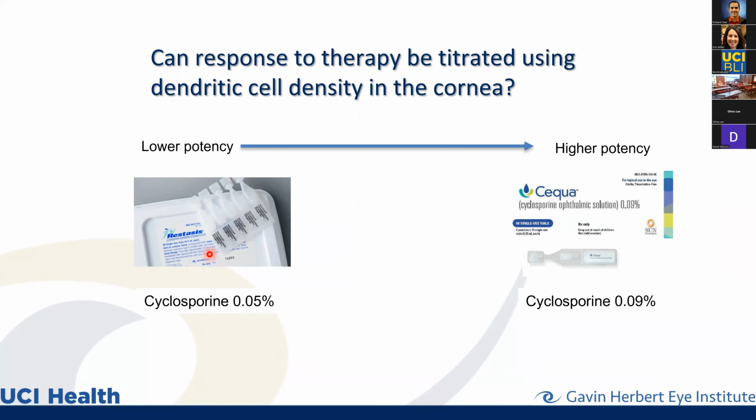Maybe it decreases by 60%, let's say, but not 100%. Then if we increase to the higher potency, will it then decrease even more? So we are in talks with our perhaps industry sponsor to work on this as a next step.